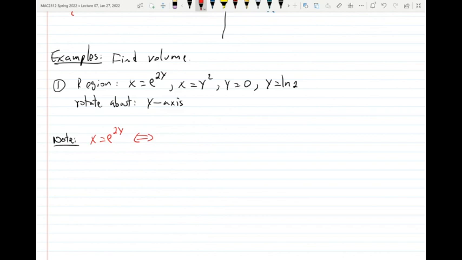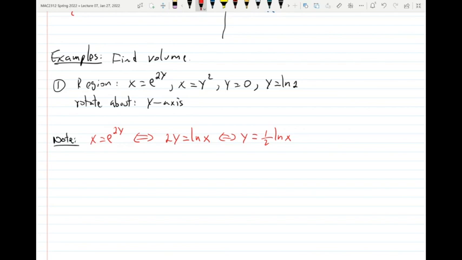This is the same thing as saying that 2y equals ln of x, and that's the same thing as saying that y equals 1/2 times the natural log of x. In other words, this is something that we can easily sketch. We know the graph of the ln, and 1/2 means a vertical compression by a factor of 2. You're compressing the graph. So we know how to sketch the first curve.